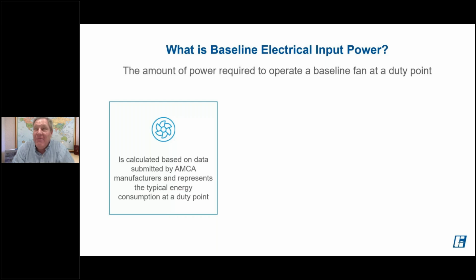And they graphed that and they said, okay, for any given duty point, what's a reasonable power consumption for that duty point? And based on some statistical analysis, they came up with a baseline power for the entire spectrum of flow and pressure. All right.